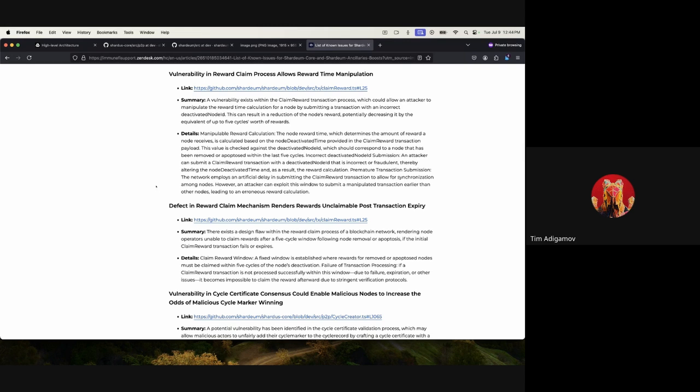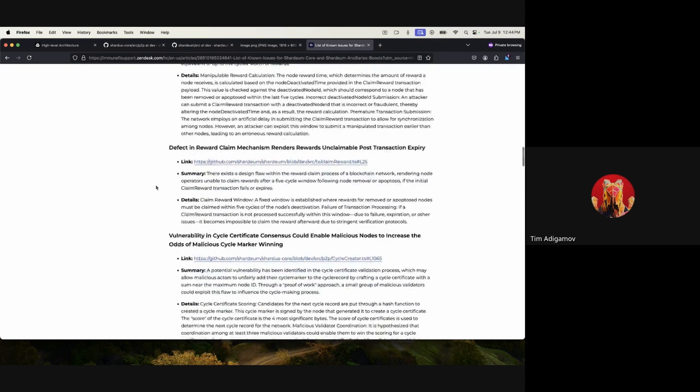So we found one issue: the internal transactions related to the reward claim can be manipulated by an external party. And we just disclosed this as a known bug and are working on a fix for this.